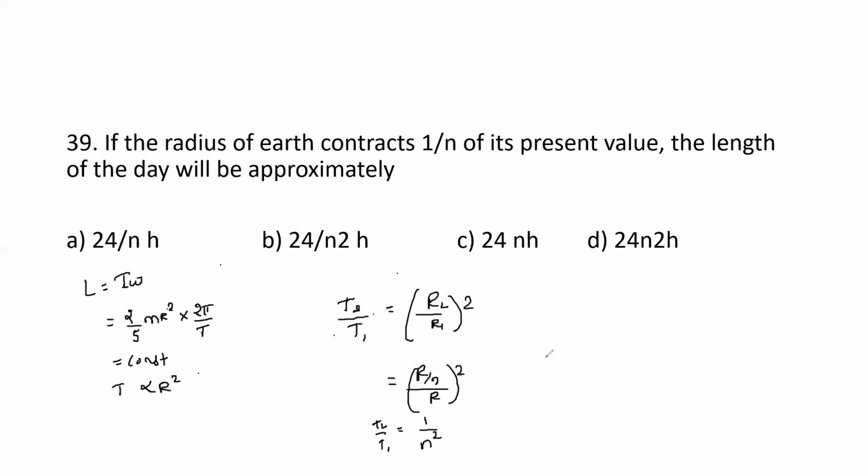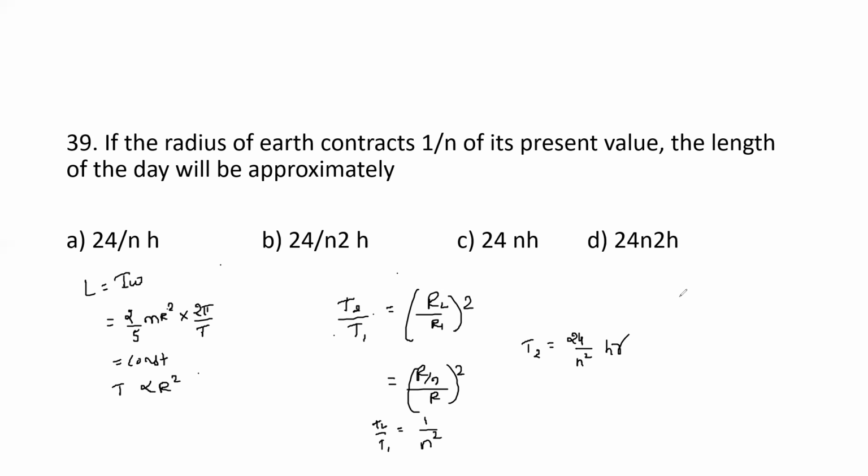That is, T2 divided by T1 is equal to 1 divided by n square. T1 value is 24 hours. Therefore T2 is 24 divided by n square hours. That is 24 by n square is the answer.